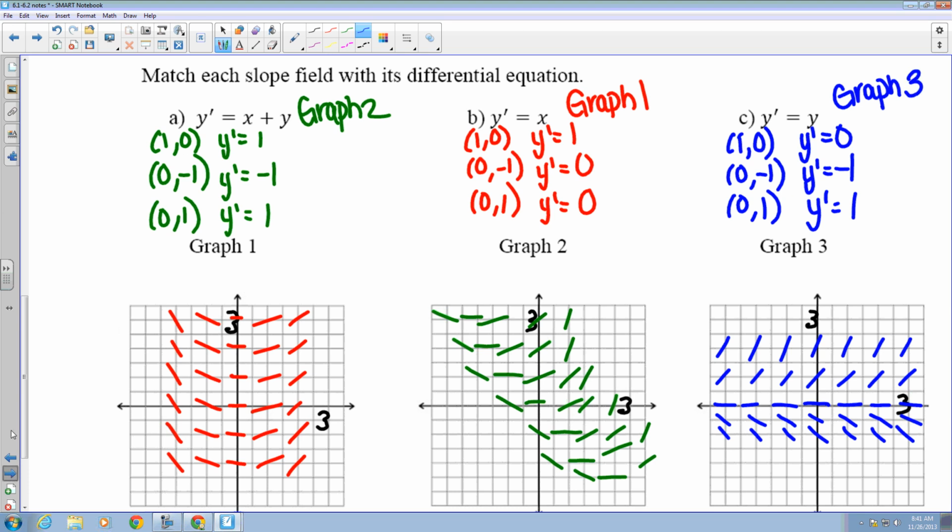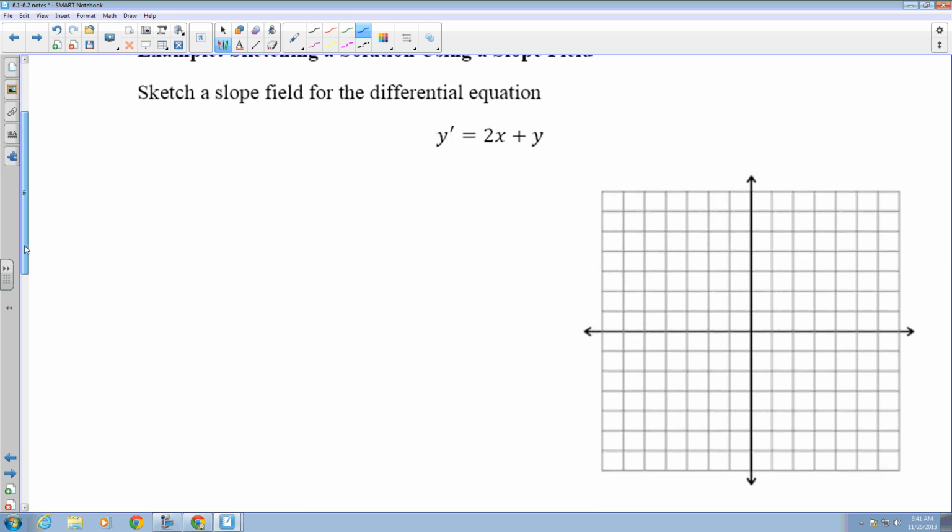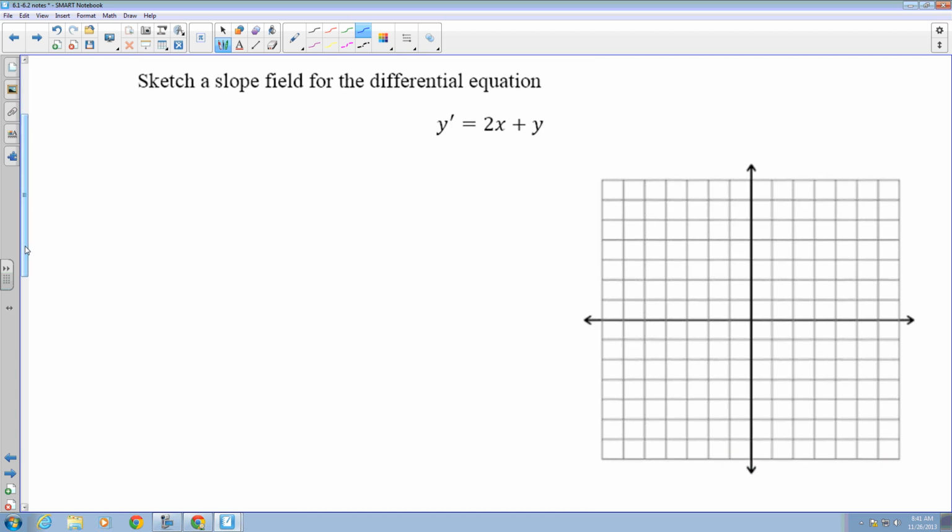Okay, now the last thing we're going to do is make a slope field. And I think the best thing to do is pick about 15 points or so. And to do that, I like to make a big table.